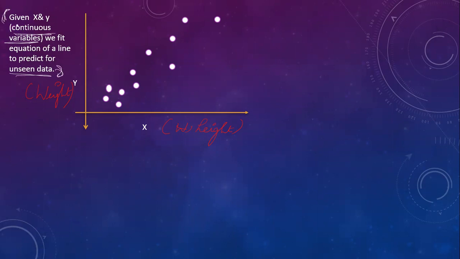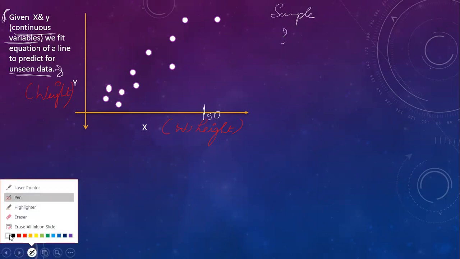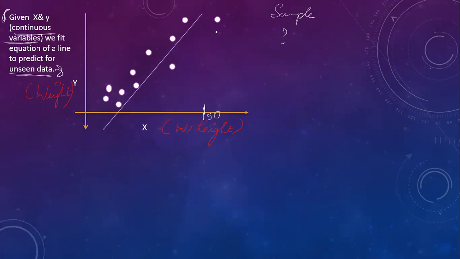So let's do regression here. Like I've told you, these are all the data points plotted based on the sample data. Now, if I want to predict the weight for a height of, suppose, 150 centimeters, based on what will I predict? If you see, we have to draw a line.